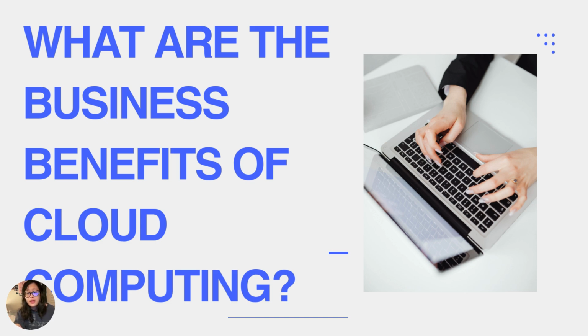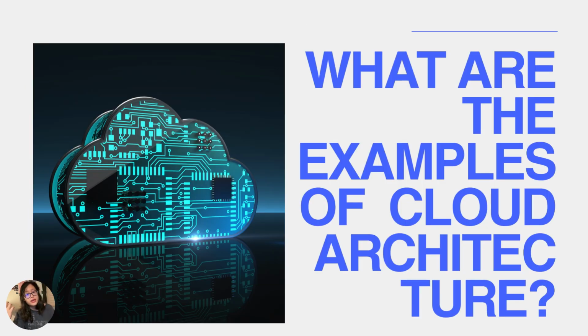And then, what are the examples of cloud architecture? So, what does cloud architecture actually mean in practice? It's basically a toolbox of reusable design patterns that engineers mix and match.